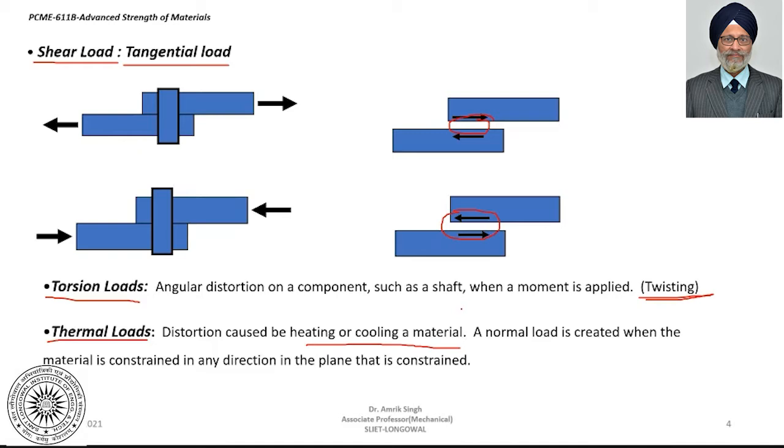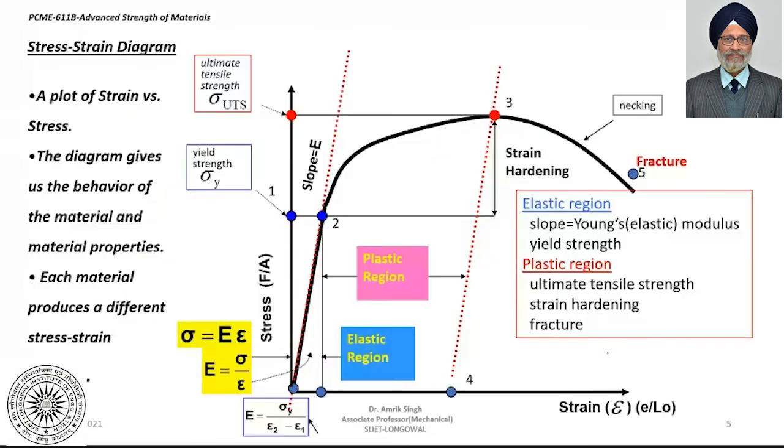And when the shaft is stopped, it is going to cool down. So in this cycle of heating and cooling, the shaft is under the action of a thermal load. So this is another kind of load. Now this also you have studied, but we will study in very detail the different kinds.